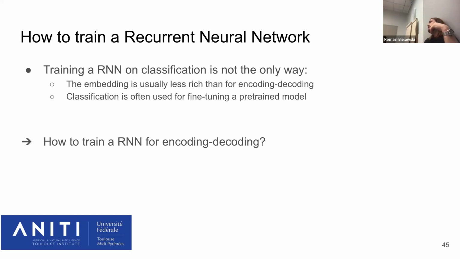So this was a very simple task. And usually to train a recurrent neural network, you don't train it on classification, because classification is a sort of discrete task. You have a number of classes, 2, it can be 1,000, whatever, but it's still discrete. And the embedding that is generated by that kind of task is not super useful, especially in text.